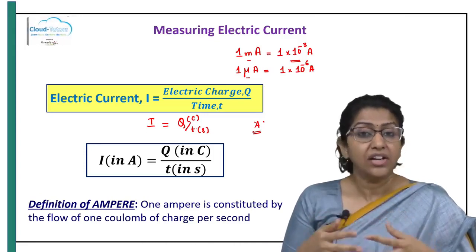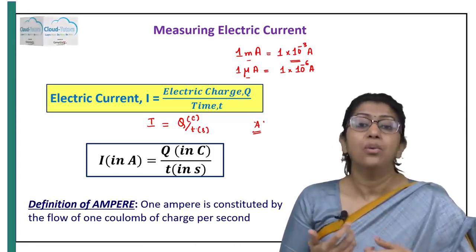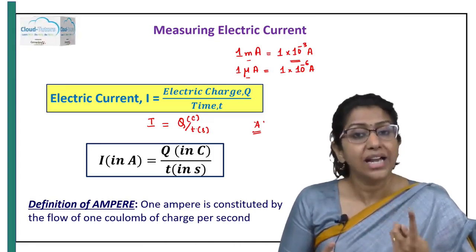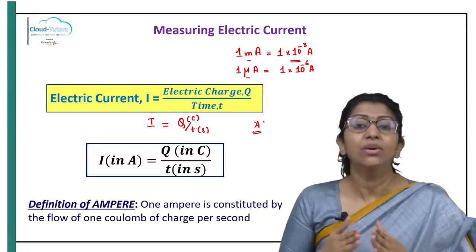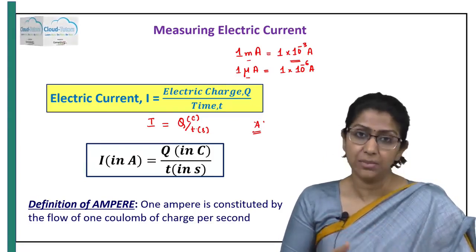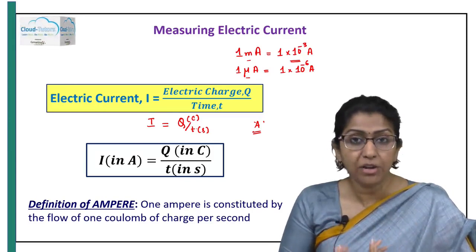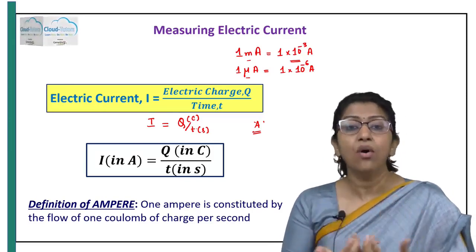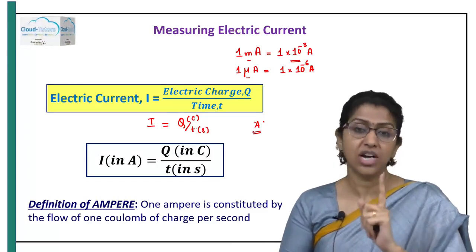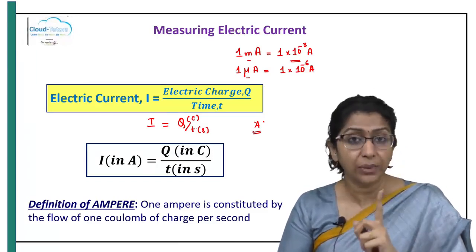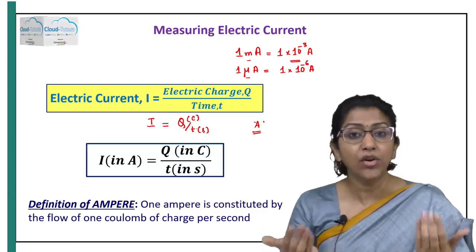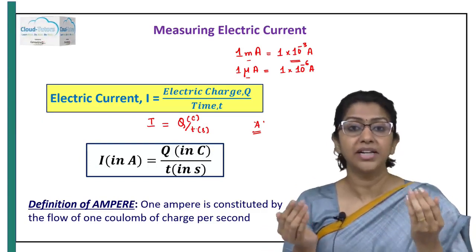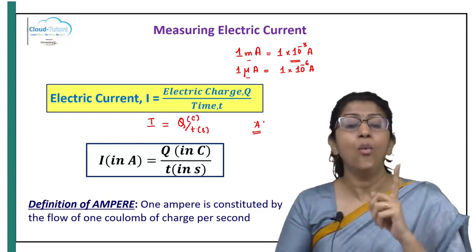Now, if we are asked to define 1 ampere, how much is 1 ampere of current, then you will have to define it in this way. You can say that whenever there is a flow of 1 coulomb of charge through a conductor per unit time, then the amount of current flowing through that conductor is said to be 1 ampere.